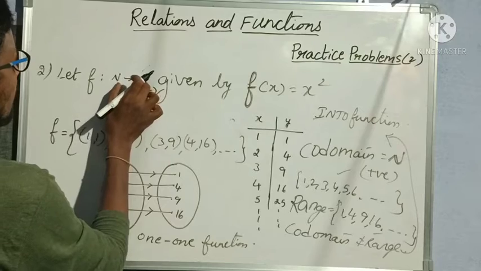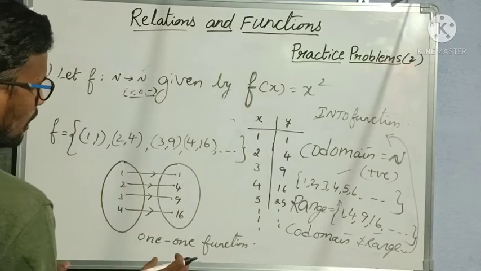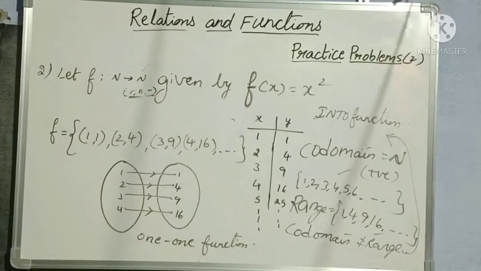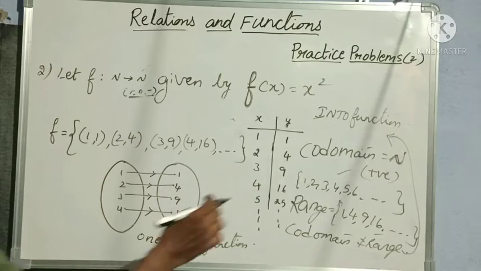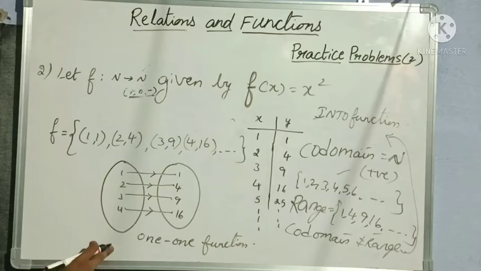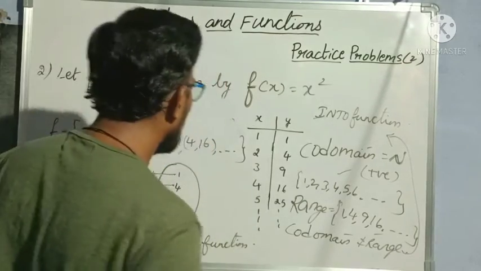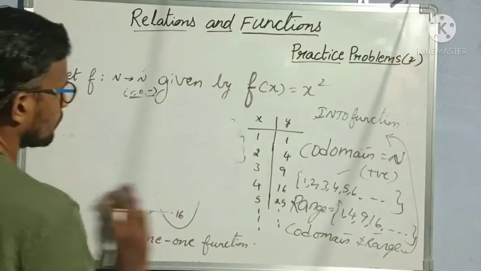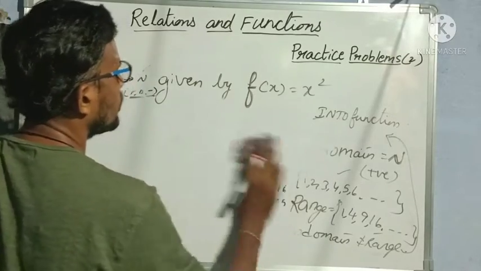But now when we are defining this as N to N, then we are getting what type of function? One one function. Clear? So here into function is the same, but here this is a change.